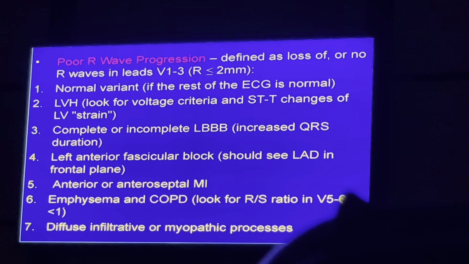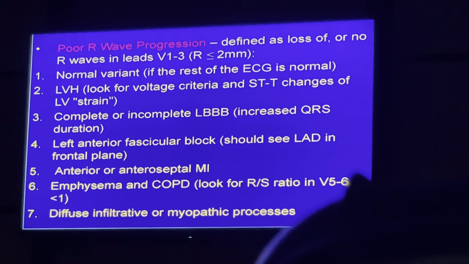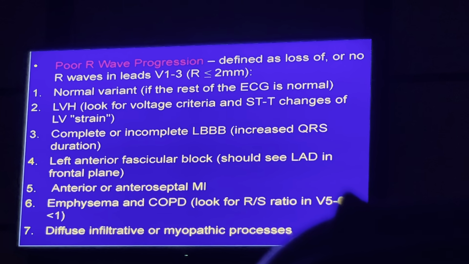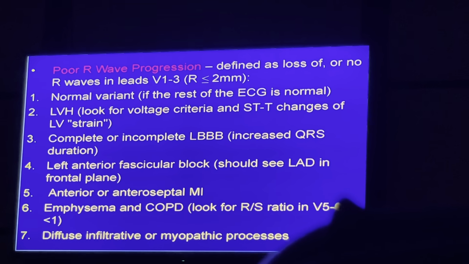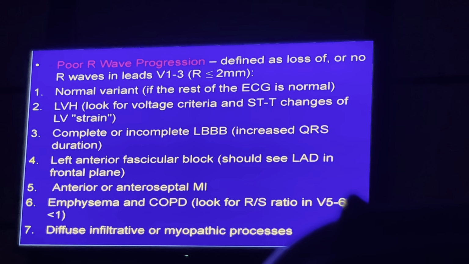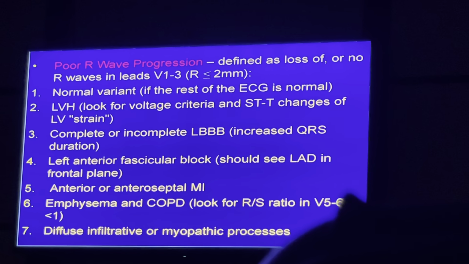So one thing which at times, most of the time, we use the term poor progression of R wave. So what actually is poor progression of R wave? It is defined as loss of or no R wave in leads V1 to V3, or less than 2 millimeters. It may be a normal variant.